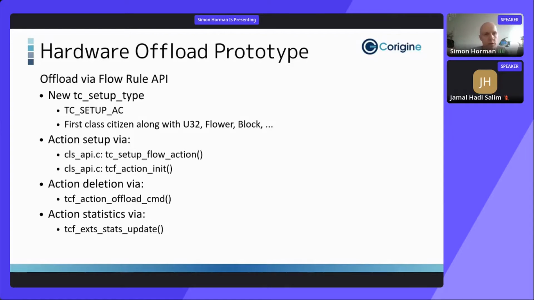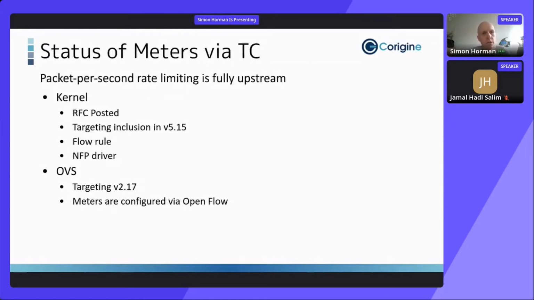So what is the status of this work? We did propose an RFC for this some months ago now, and we did receive some feedback, so thanks to everyone for that. We have addressed all the feedback, and we are planning to post fresh patches as soon as 5.15 opens, which might have opened today while I wasn't looking, but as soon as this week we're planning to do that.